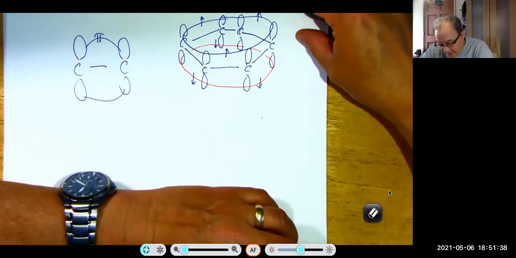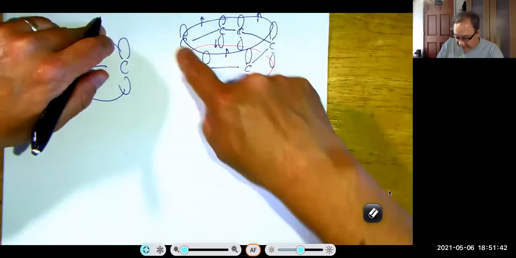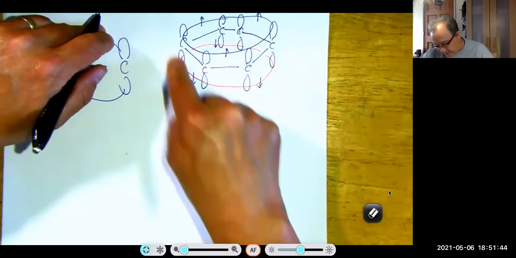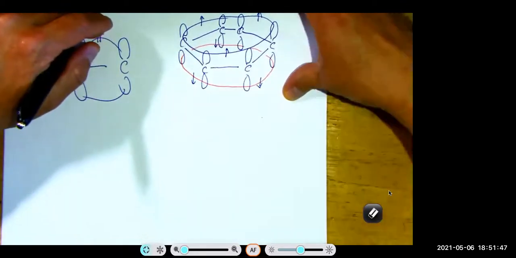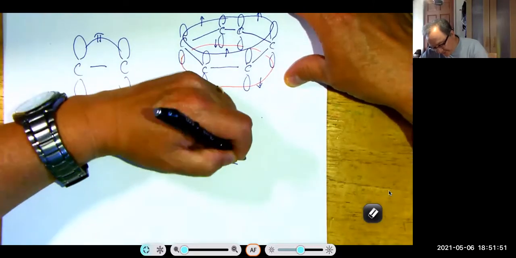And it's a lot better. When you look at the real estate here, you've got this big donut for the electrons, and this big donut down here for the electrons.